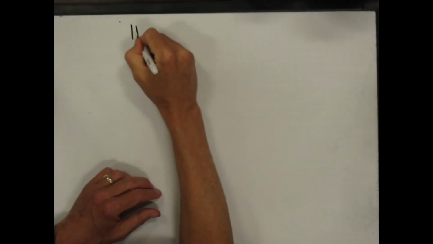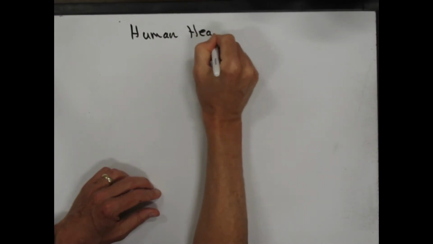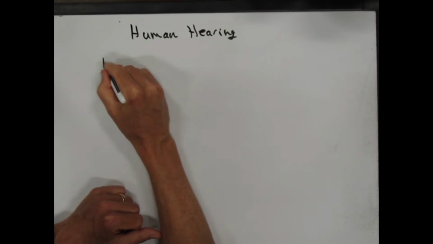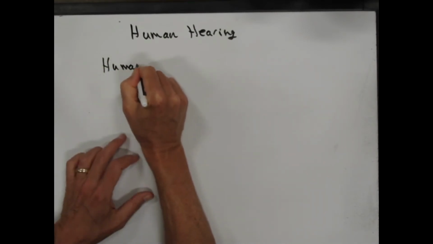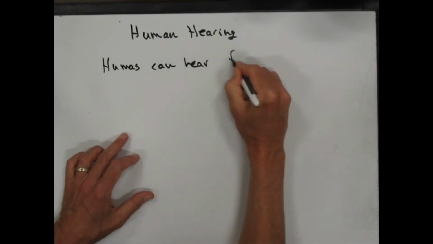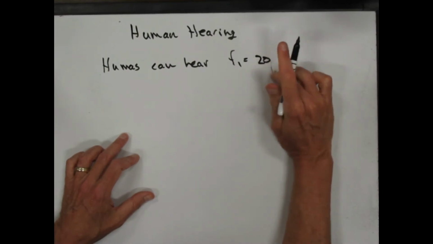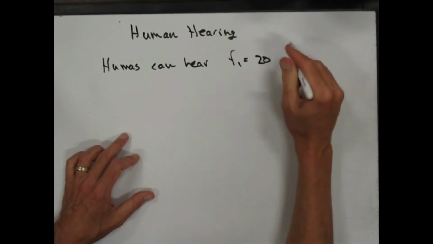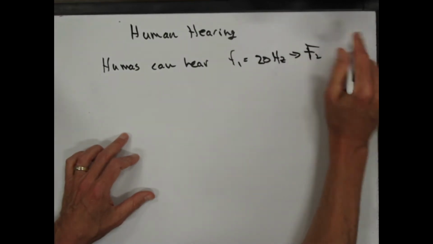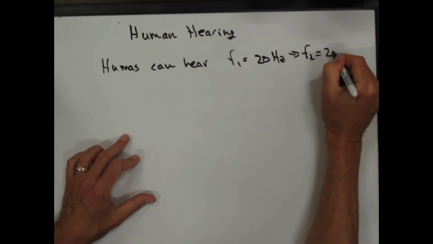So let's talk about human hearing. Right? Humans can hear from about 20 hertz to about 20,000 hertz.